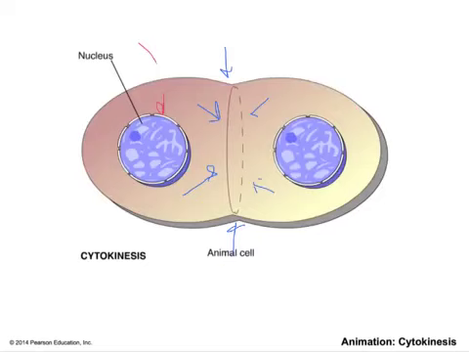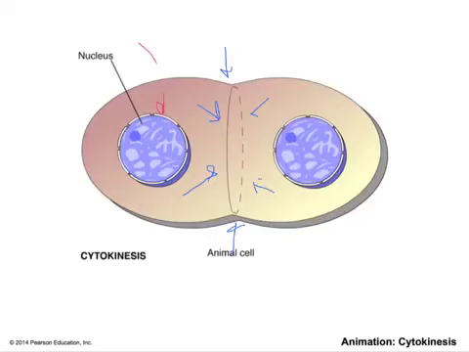So one cytoskeleton filament works on separating the chromosomes. Once that occurs, then actin microfilaments work on separating the cytoplasm. Lo and behold, what do you end up with? Two new cells.